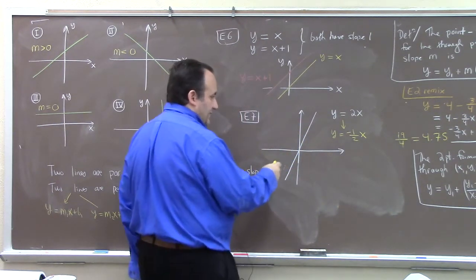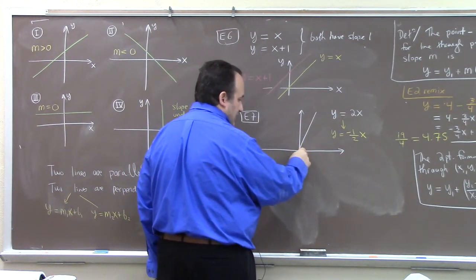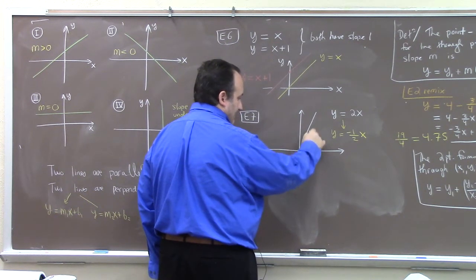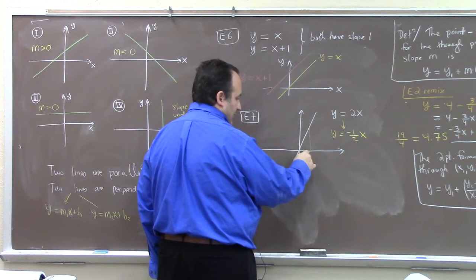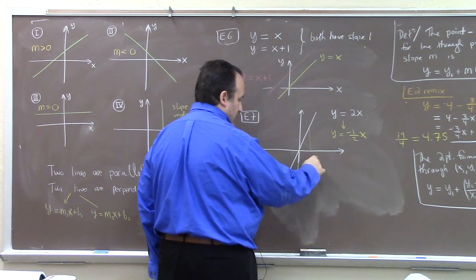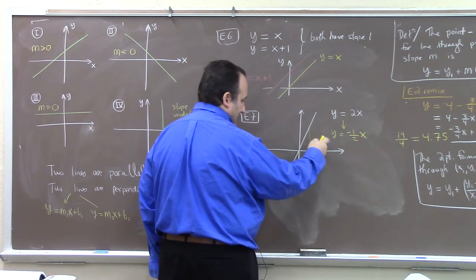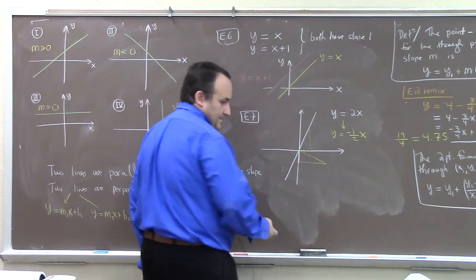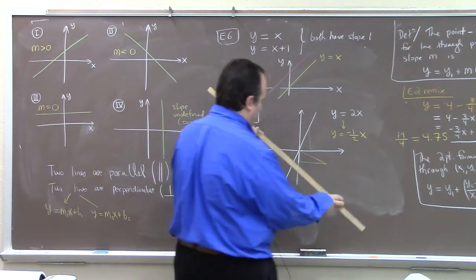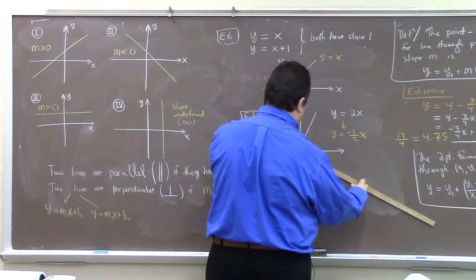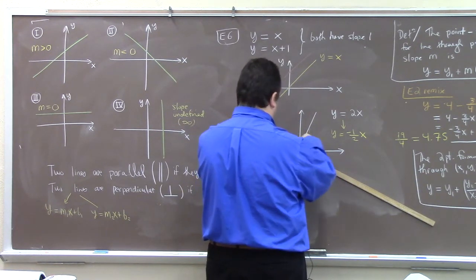So this one does what? The first goes over 1 and up 2, right? The perpendicular one goes down 1 and over 2. So it's like this. And that, of course, is a perpendicular line.